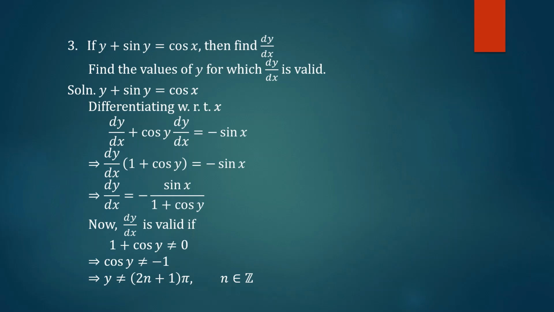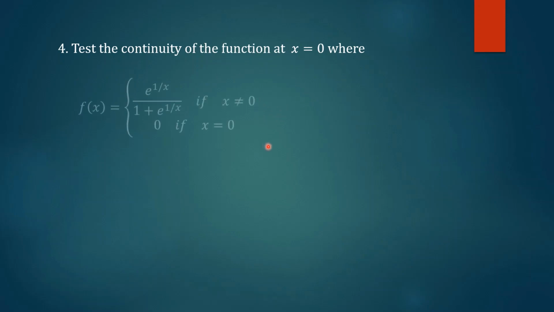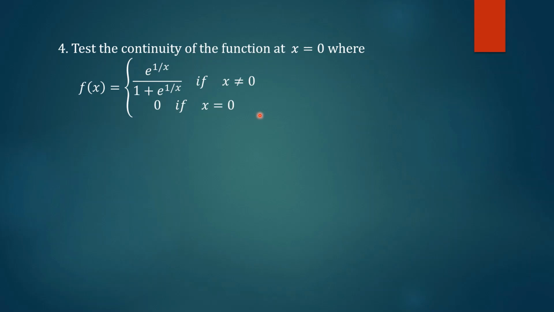Okay, so we come to another question. Test the continuity of the function at x equal to 0, where the function f(x) is given here. We have already done the same type of question in the previous class, I think it was (1 minus e to the power 1/x) divided by (1 plus e to the power 1/x), and the solution is already in your copy.